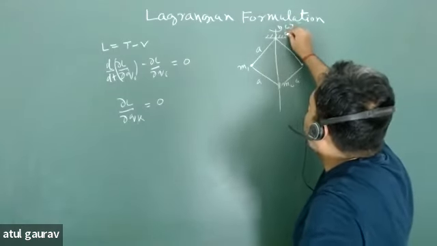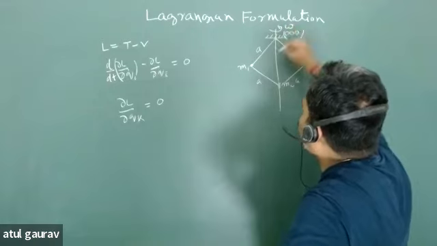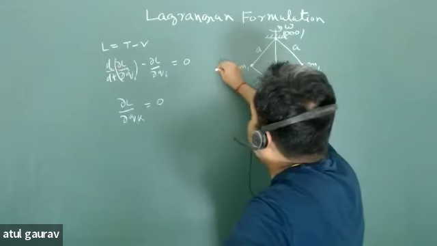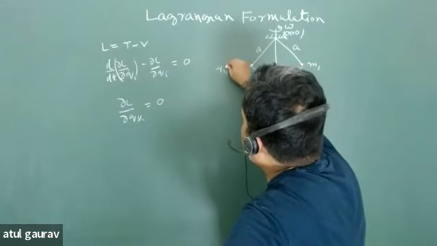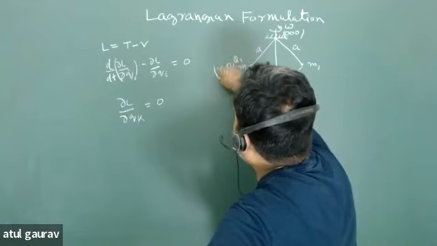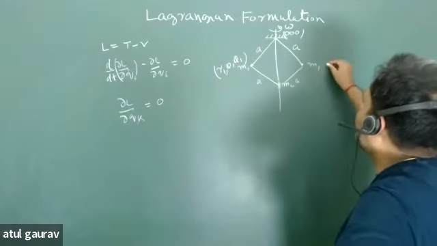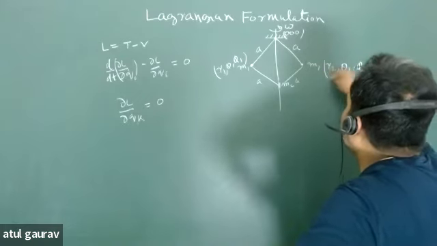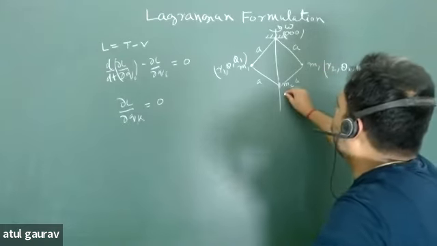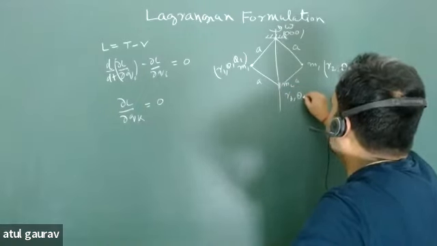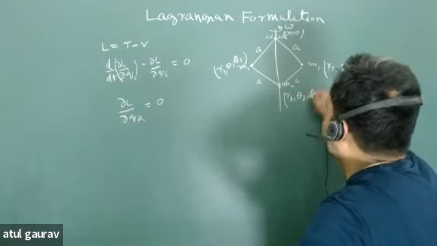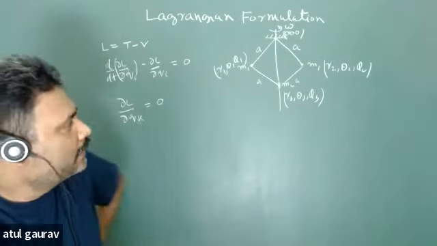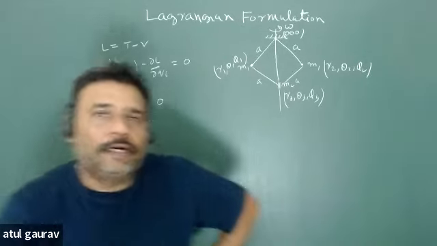I can put this point at 0, 0, 0. If these points were free, then in spherical polar coordinates I could write this as r1, theta 1, phi 1, this point as r2, theta 2, phi 2, and this point as r3, theta 3, phi 3. Yes, if all of these points were free, this would be the story.